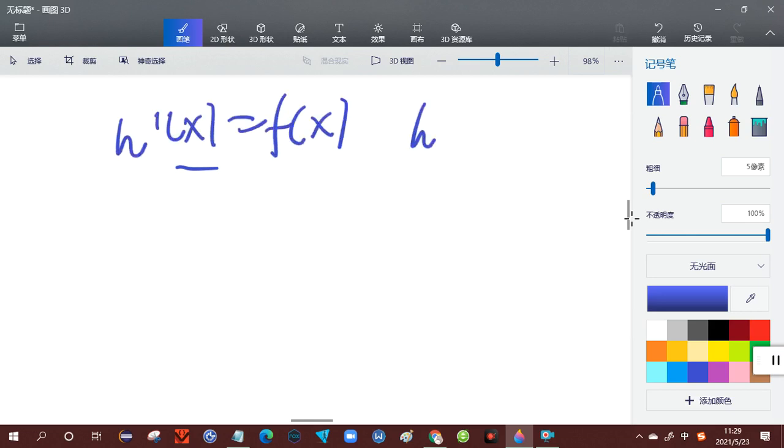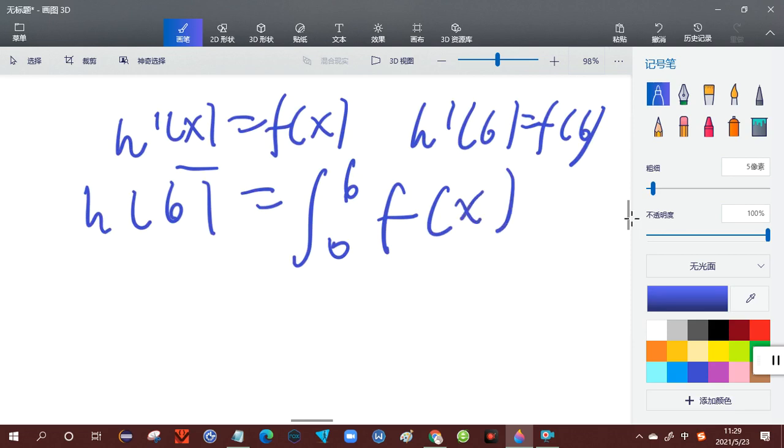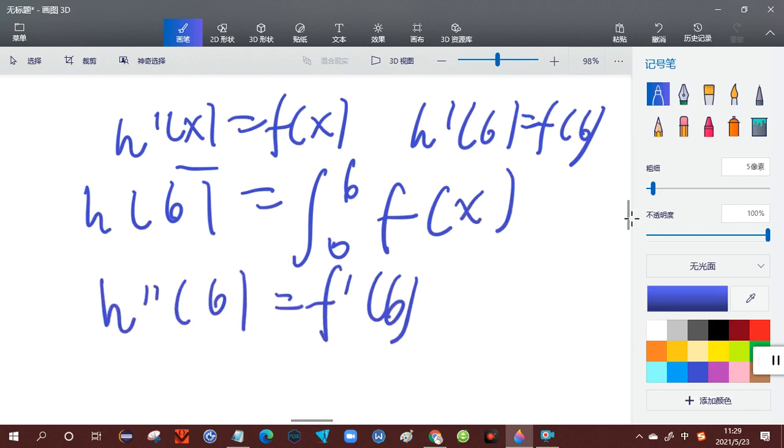So therefore we know h'(6) is equal to f(6), and h(6) is the integral from 0 to 6 of f(x).